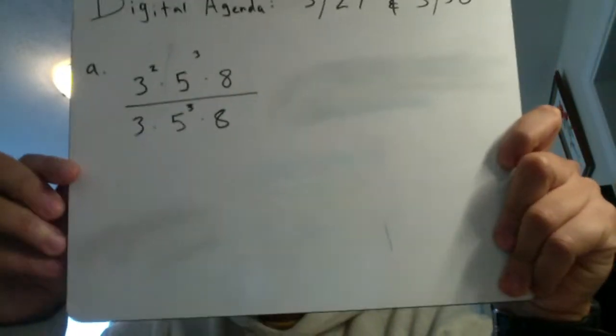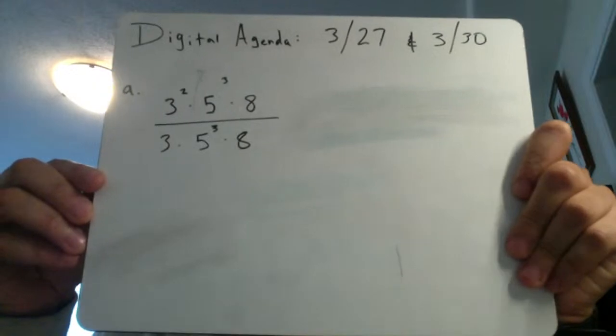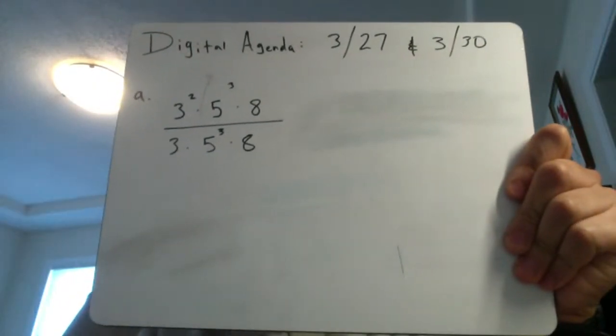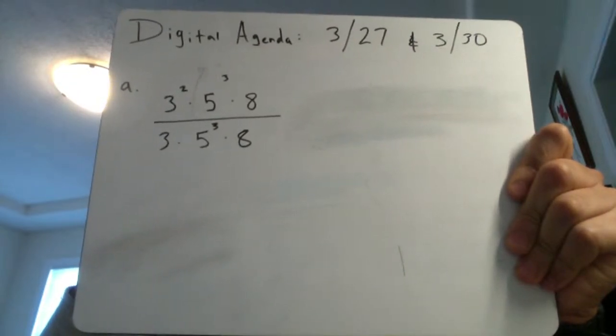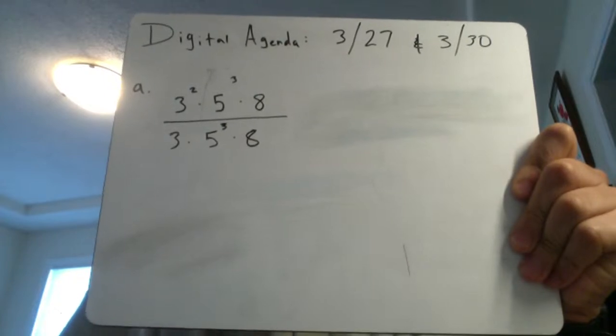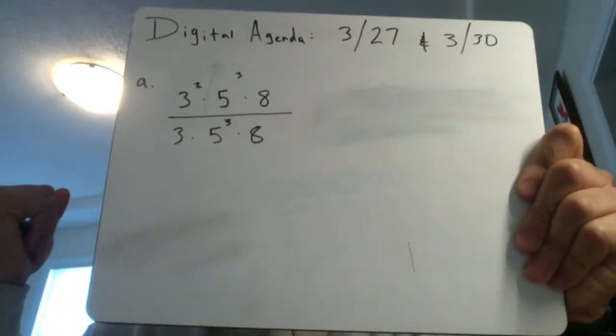So what I do for this type of problem, I can expand out the terms, meaning I can do 3 times 3 times 5 times 5 times 5 times 8 in my numerator. Let me write that out.